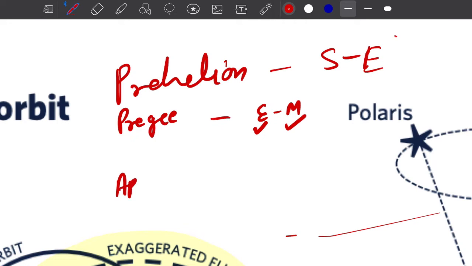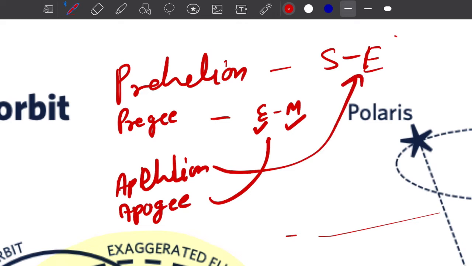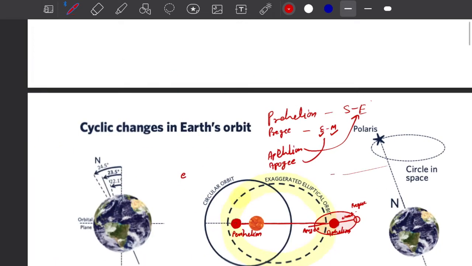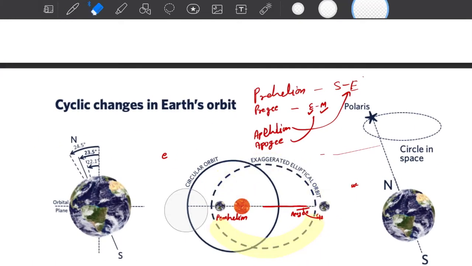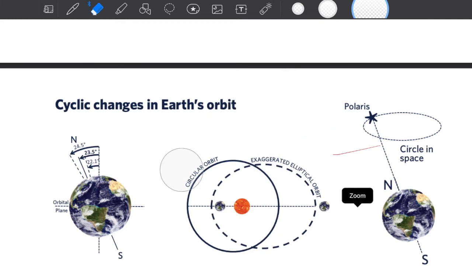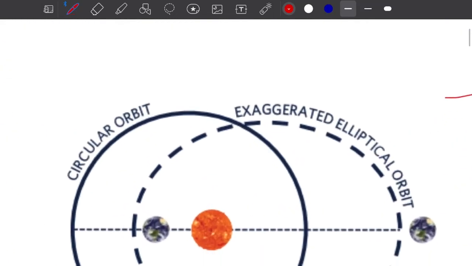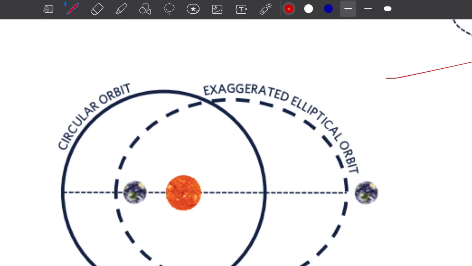Similarly, aphelion is used for the star-planet system, and apogee is used for the planet-satellite system. Okay, is this clear? Now over 1 lakh years, the orbit changes from nearly circular to elliptical, then again circular.